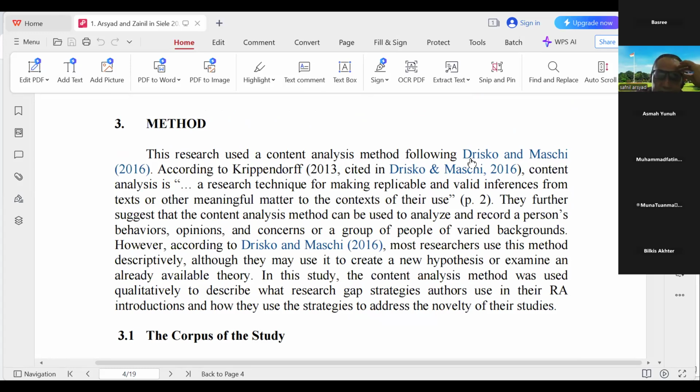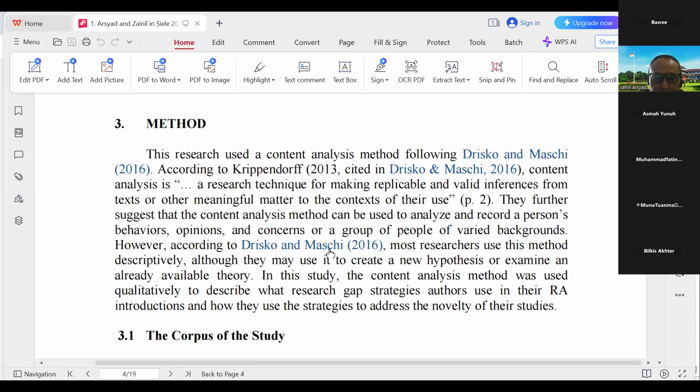Driscoll and Masji wrote a book, and also according to Krippendorff, cited in this book, content analysis is this. So this is how I justify the choice of the method by citing someone, by following someone.